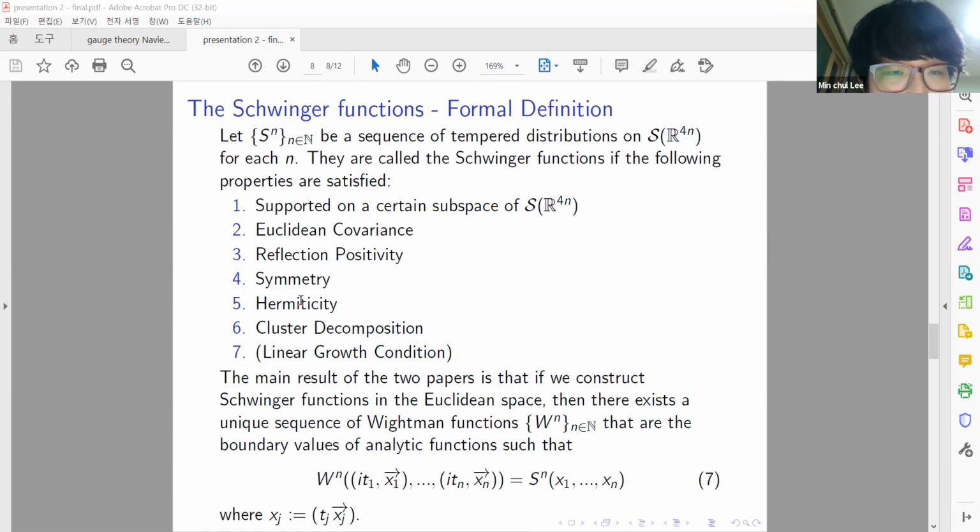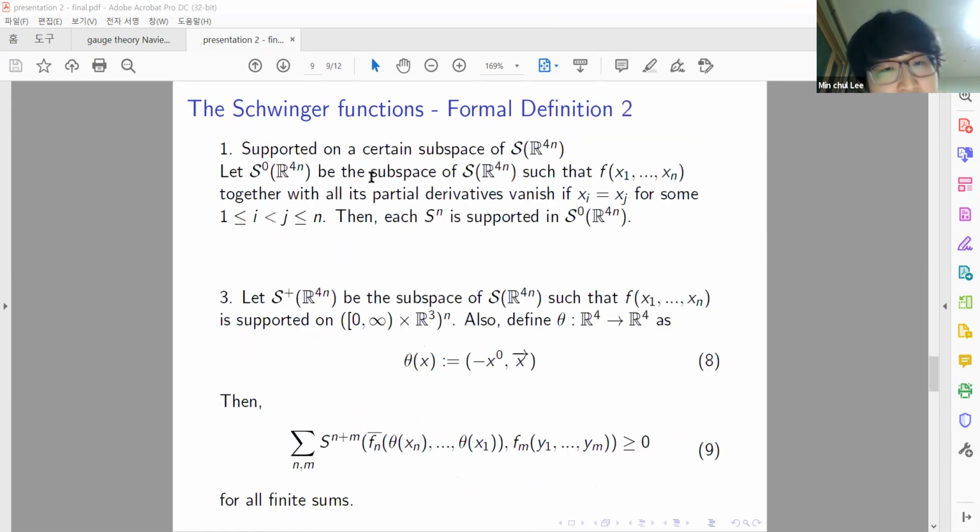So let us investigate. First, the Schwinger functions are supported on a specific subspace of the Schwartz space, and this subspace is defined as the space of Schwartz functions that vanish, and all their partial derivatives also vanish, if any of the arguments coincide.